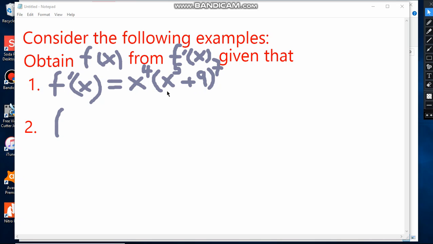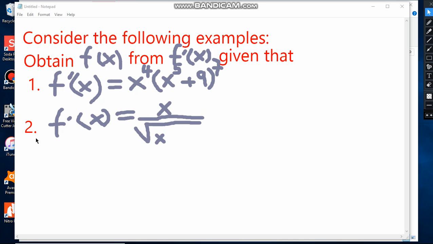When we look at this expression, we see this is g of x and this is g dash of x. Also, f of x is equal to x over the square root of x squared plus 3.